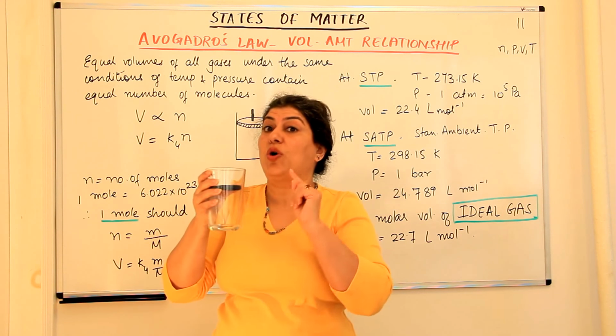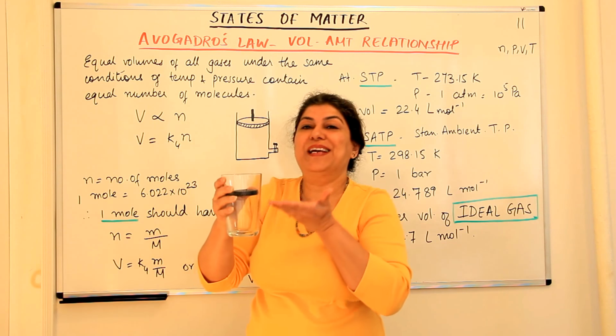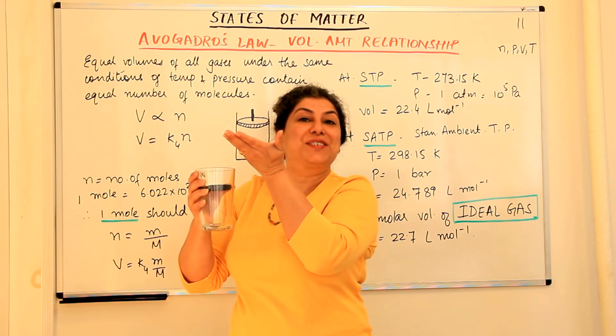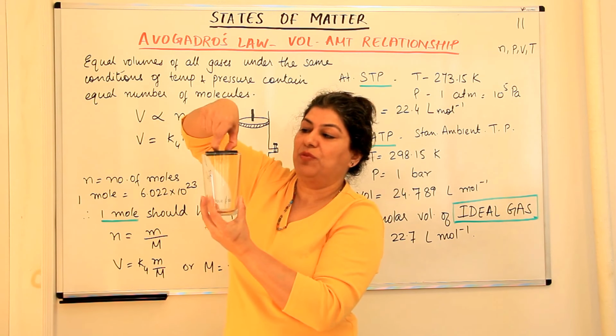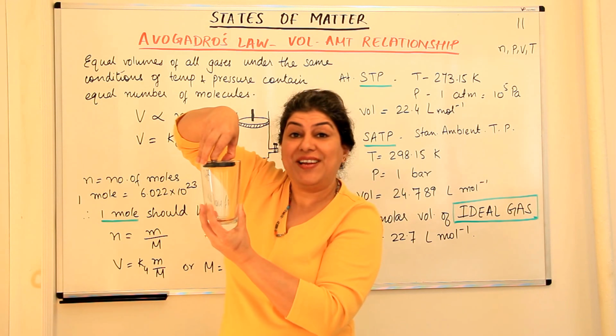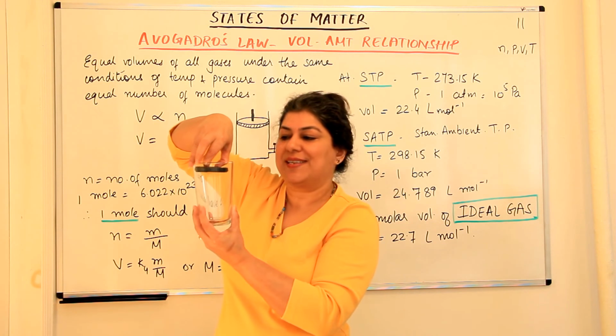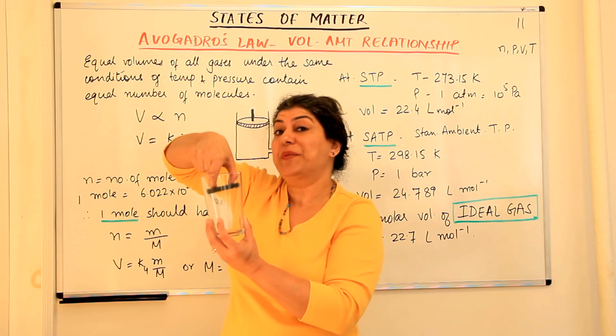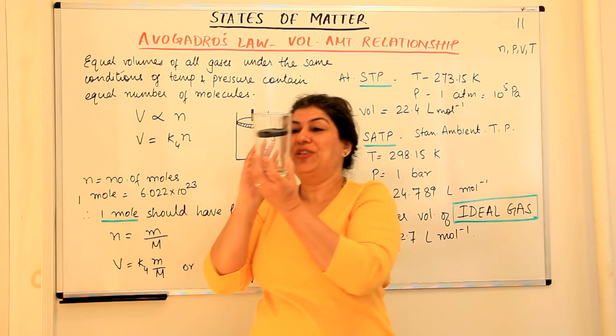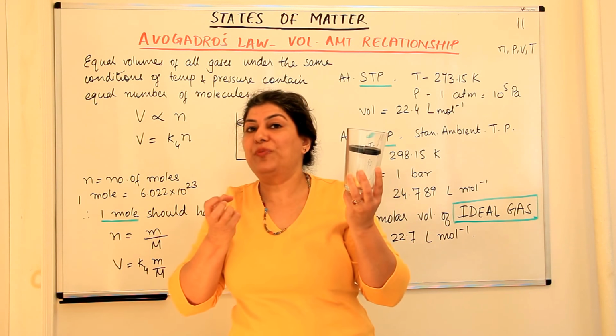In order to obtain that, what will happen? The lid will move upwards. When the lid, or the piston, moves upwards, the volume increases. And when the volume increases, the number of molecules of air per unit volume remains the same.